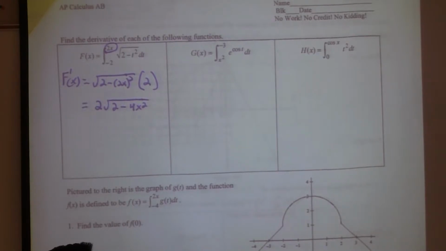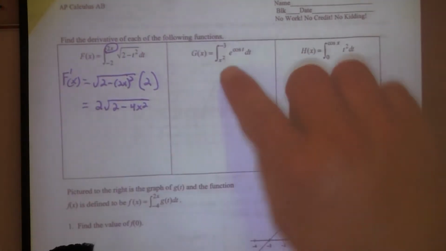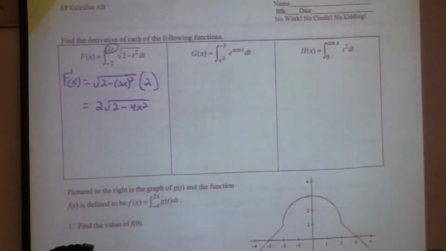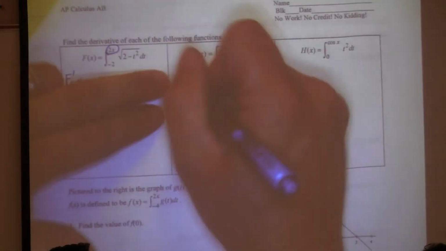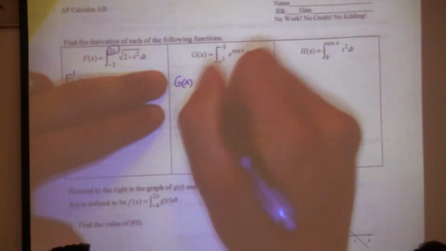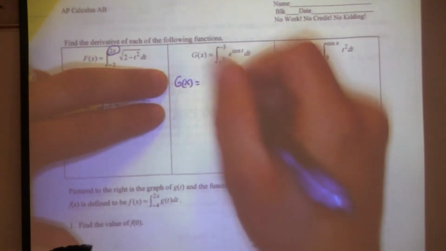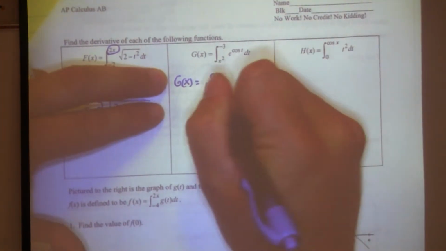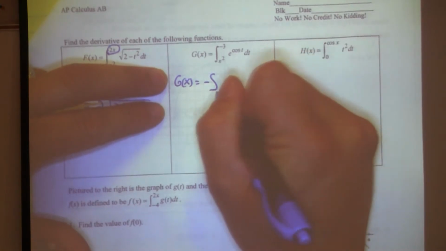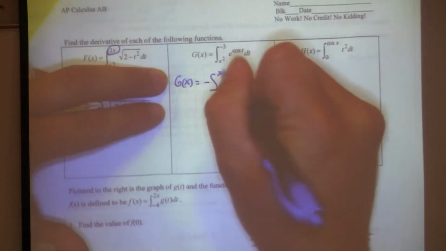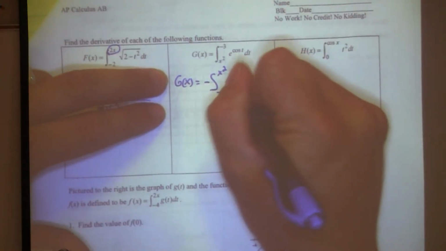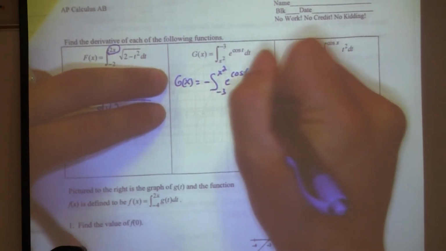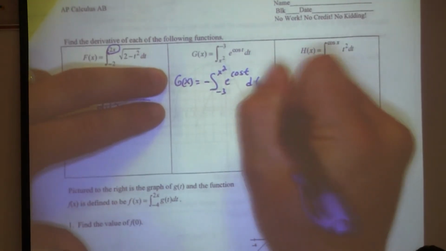What's the problem on this one, guys? The variable part's on the bottom, can we fix that? Yeah, we can fix that, right? So we can switch them as long as we do what to the integral? We can negate it, right? So now we're going from negative. Sounds funny to negate something? Okay, interesting.